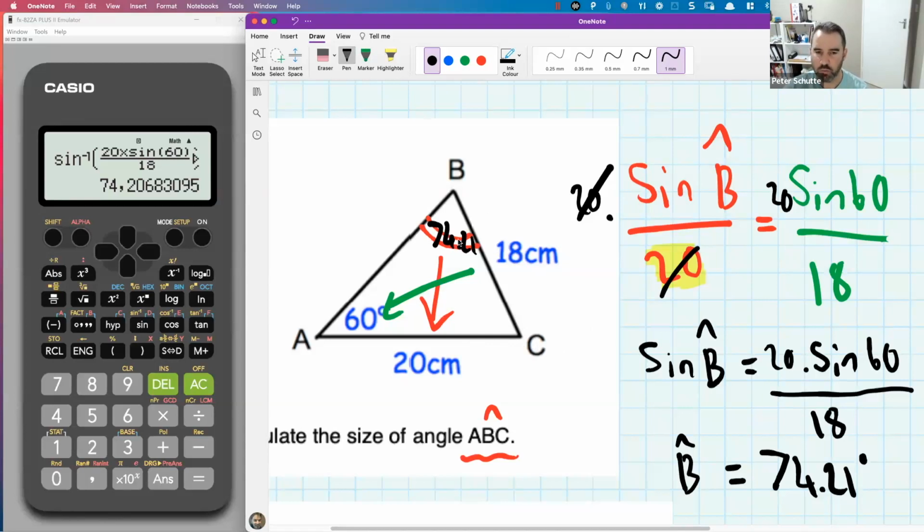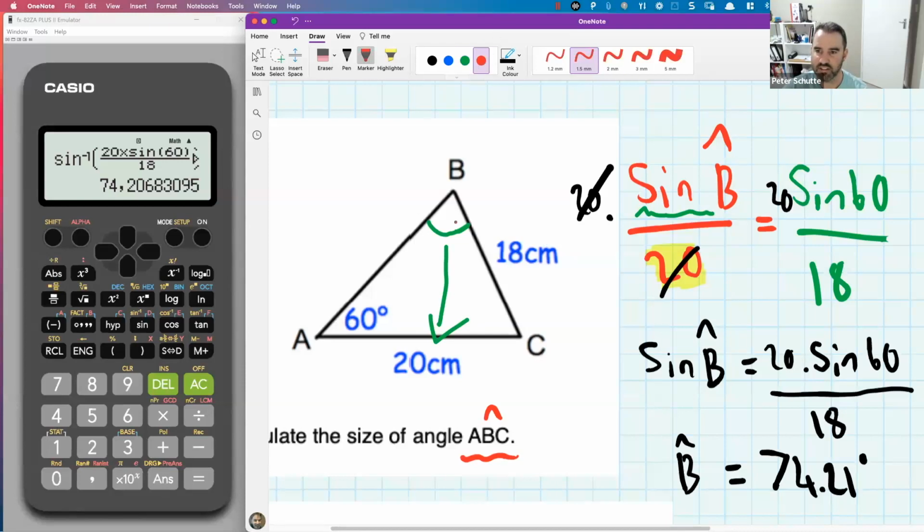Step one was, what was the angle that I was trying to find? I was trying to find this one up here, angle ABC. So I wrote the sine of that angle to start with, and then what's opposite this angle? It's the 20. So that's why there was a 20 here. Then I go, what's another angle in there? It's 60.